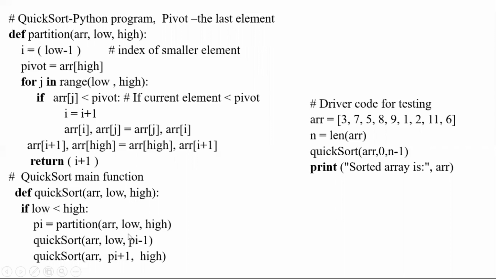But do you see on partition, we have to change the indices for the subarrays. For the left part, the indices will be low to pivot minus 1, and for the right part, from pivot index plus 1 to high.